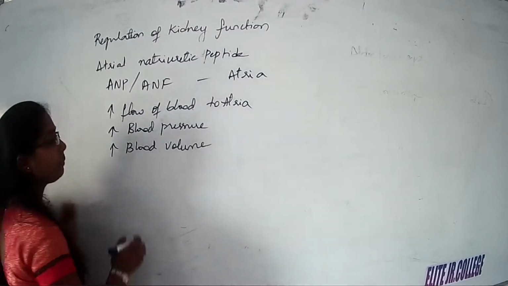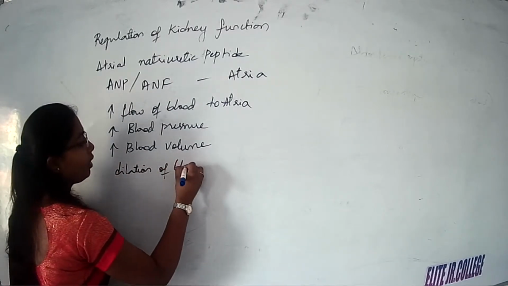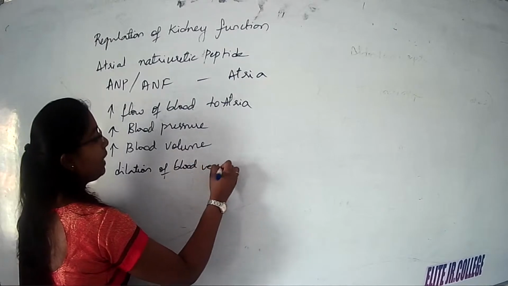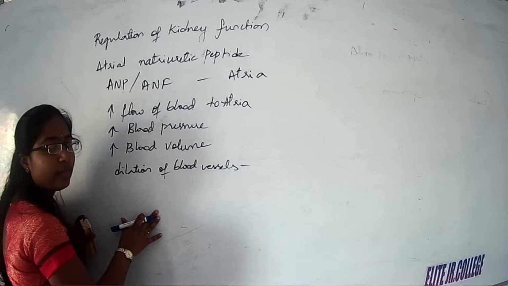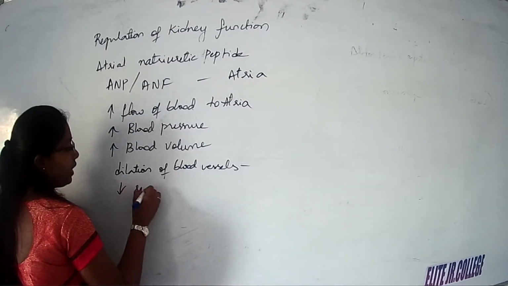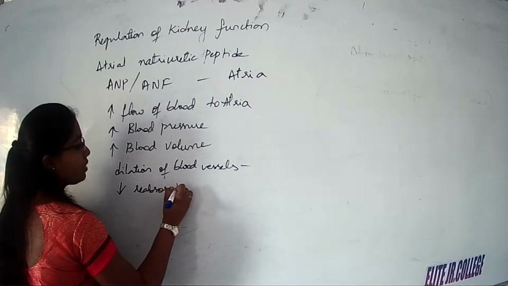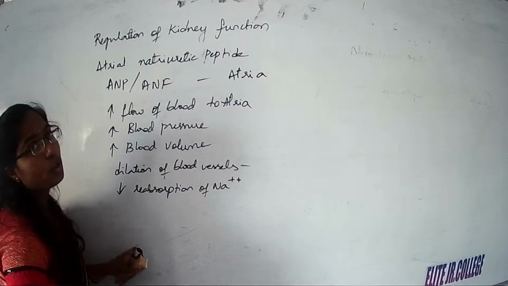This atrial natriuretic peptide is going to cause dilation of the blood vessels. It is also going to decrease the reabsorption of sodium from the renal tubules.